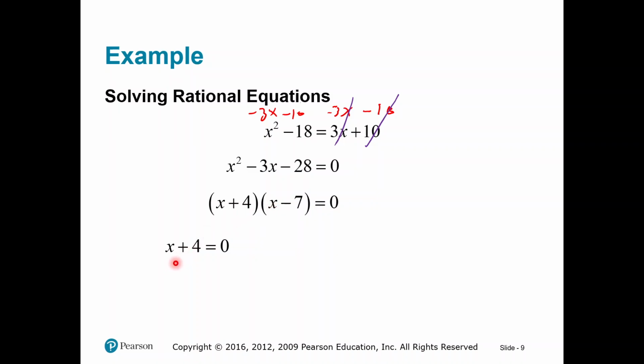So x plus 4 equals 0. Subtract 4. So x equals negative 4. And now x minus 7 equals 0, plus 7. And so x equals 7. And now we have two answers, 7 and negative 4.